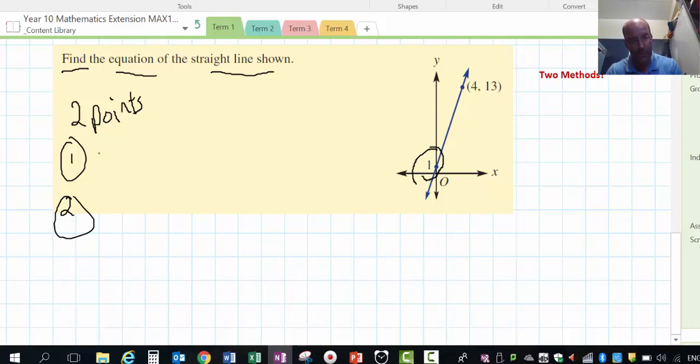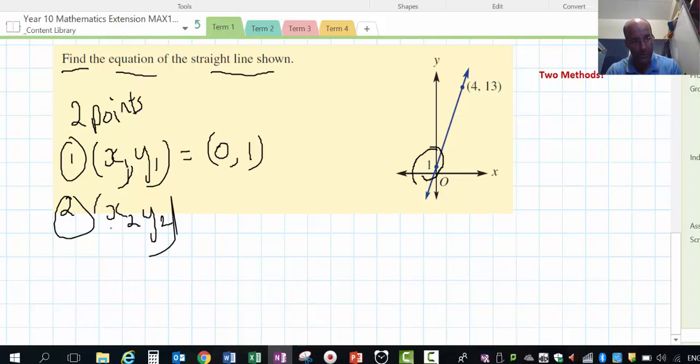Point 1 is the y-intercept, so point 1 is (x1, y1), which is equivalent to (0, 1). You can see that from the graph. (x2, y2), we can see up here is (4, 13).